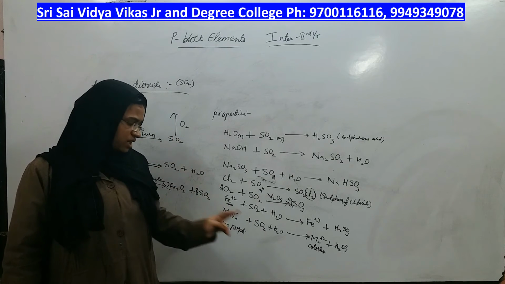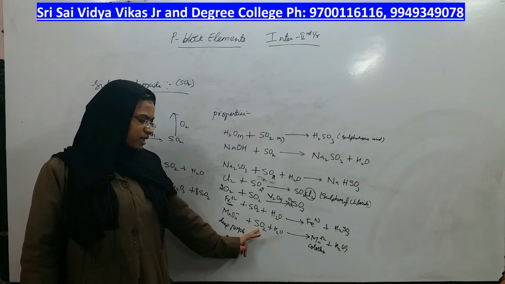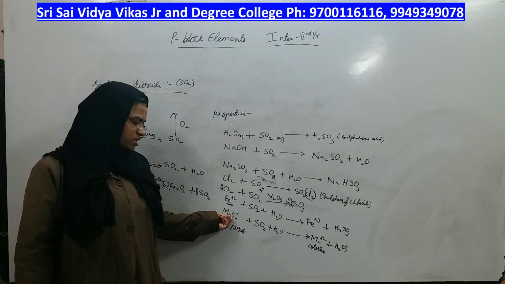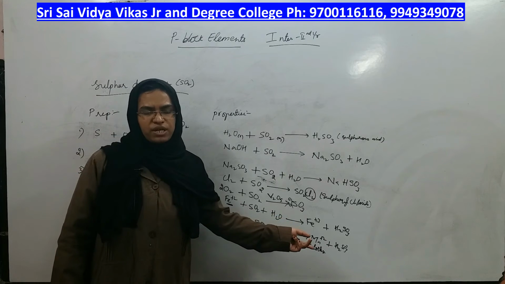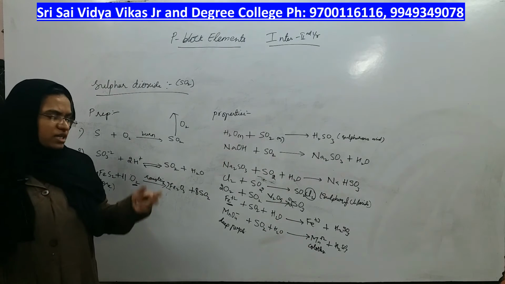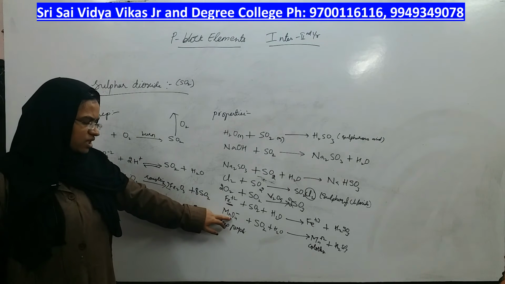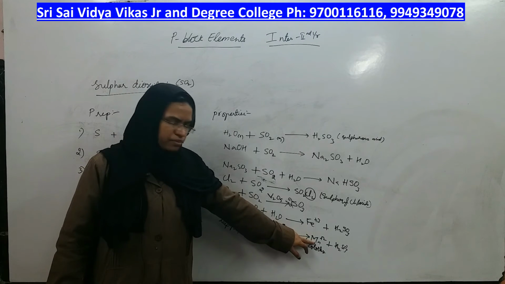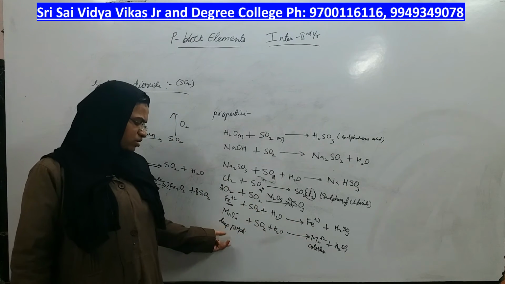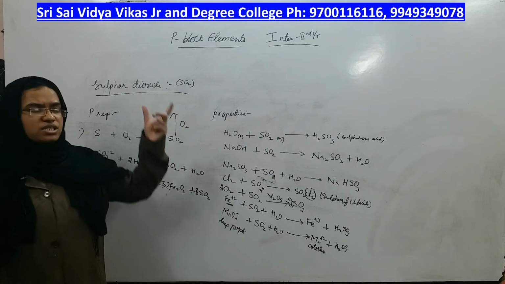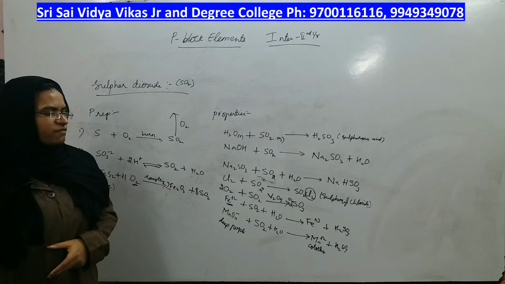The change in color is because sulfur dioxide is reducing Mn plus 7 into Mn plus 2, or you can call sulfur dioxide decolorizes permanganate into Mn plus 2. Is it decolorizing or not? Is it disappearing the color of permanganate or not? Yes.